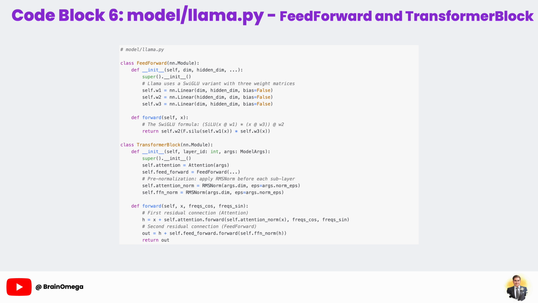The output of the attention is then added back to the original unnormalized X in a residual connection. This result, H, is then normalized again by FFNorm before it goes into the feed-forward network. And finally, that output is added back to H in a second residual connection. This norm, then transform, then add pattern is a key feature of the Llama architecture and is critical for stable training of very deep networks.